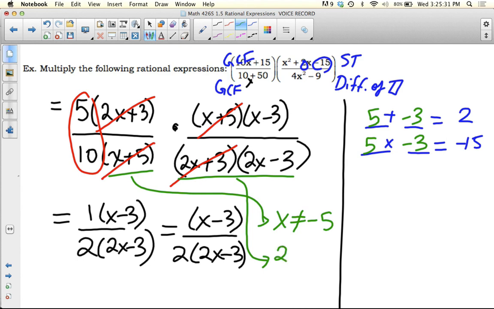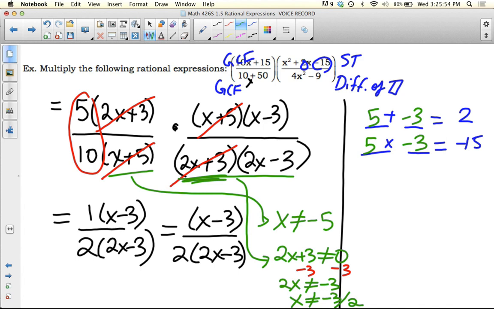So I know that 2x plus 3, my first factor right here, cannot equal 0. So I'm going to subtract the 3 over. So I'll have 2x cannot equal negative 3. And I have x cannot equal negative 3 divided by 2, if I divide by 2 on both sides.